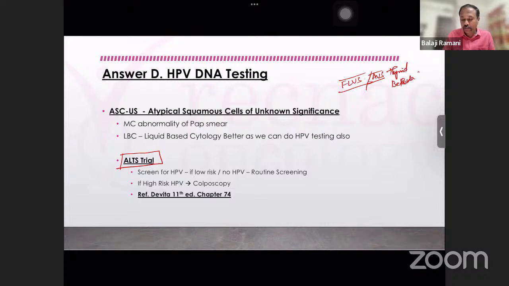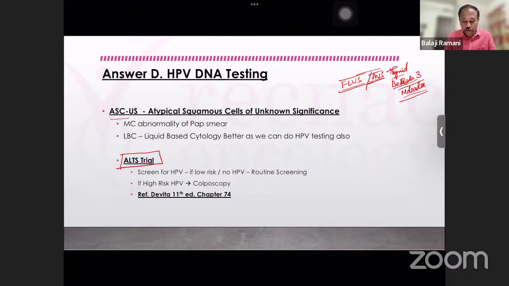This is where you will apply the molecular staging. I tend to digress a little bit and give you some additional points just for you to remember and correlate. So just like you have FLUS and AUS as far as Bethesda 3 is concerned in thyroid, similarly, you have ASCUS, which stands for atypical squamous cells of unknown significance.